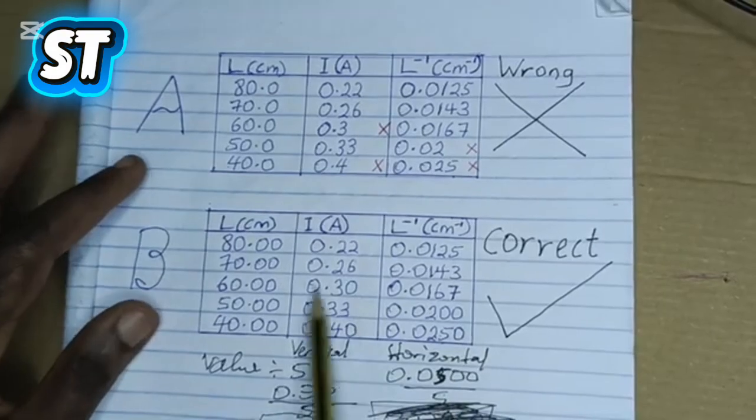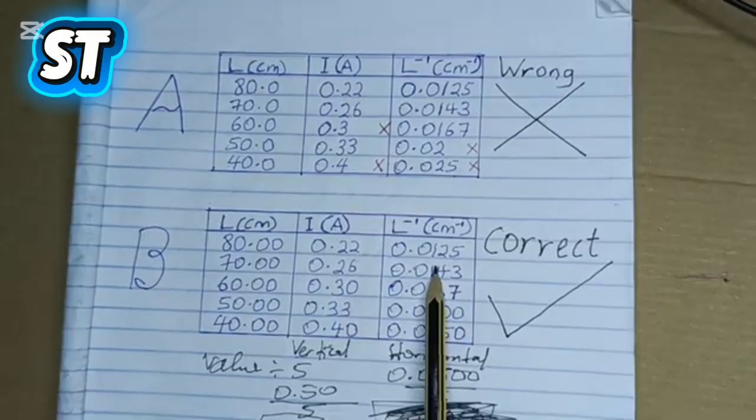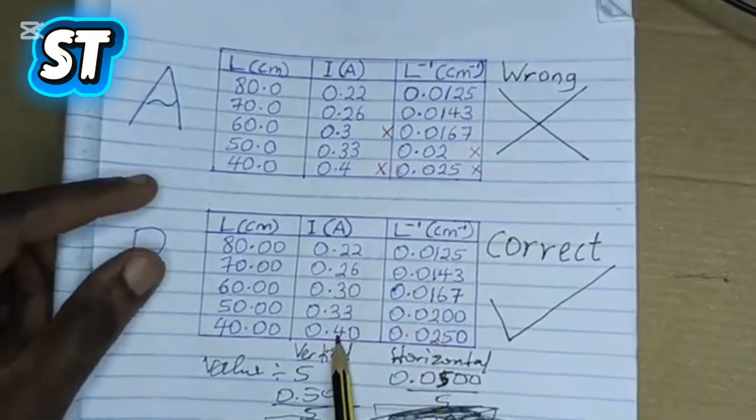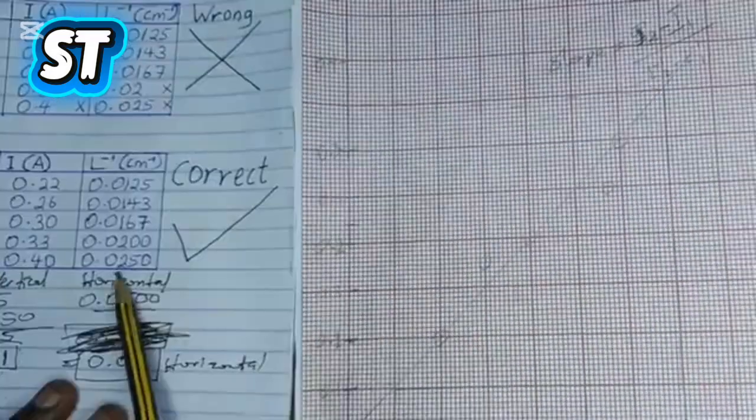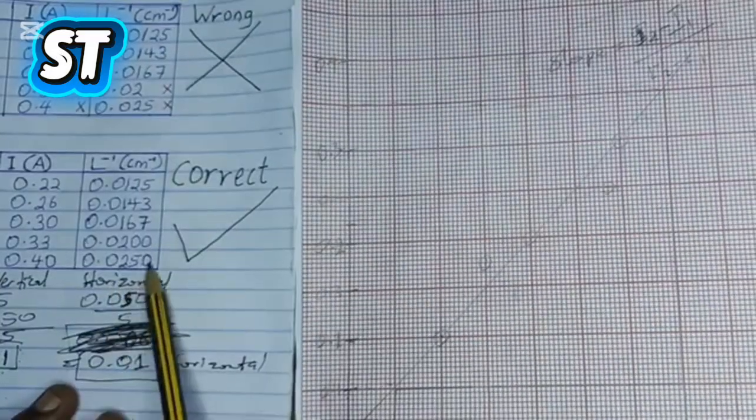After scaling the graph, the 7th step is plotting of the graph, that is, allocating values to the vertical and also to the horizontal. So let's check it out. Now, using our table as an example, we will plot this as the vertical and this as the horizontal. The highest value here is 0.250.